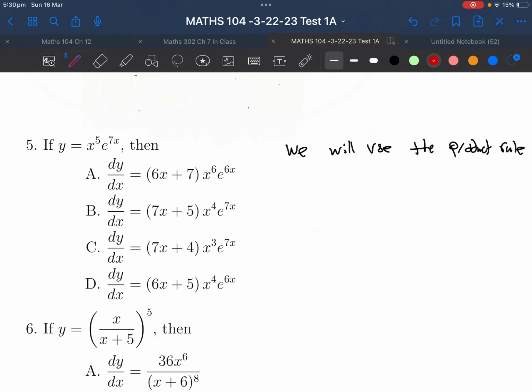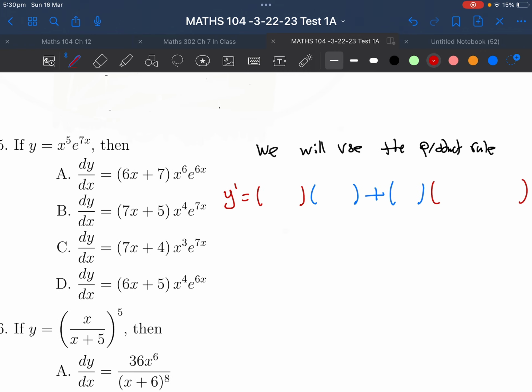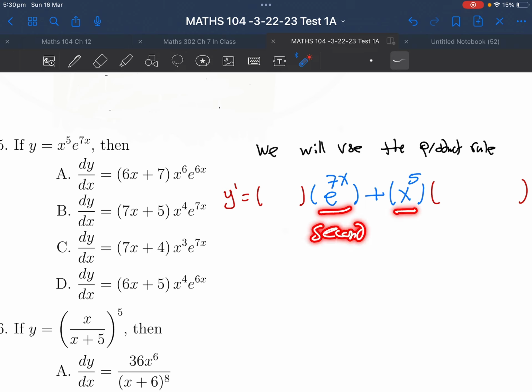Product rule means when you do the derivative, you need to find the derivative of the first times the second untouched, plus the first times the derivative of the second. Now, what is the second? e to the 7x. What is the first? x power 5. Those you just write down without any changes.